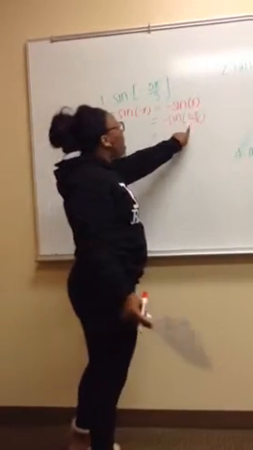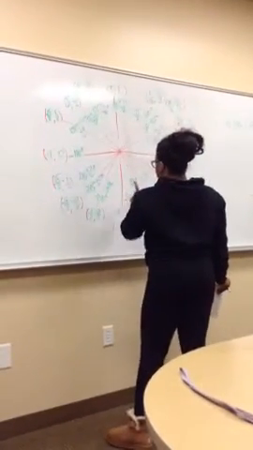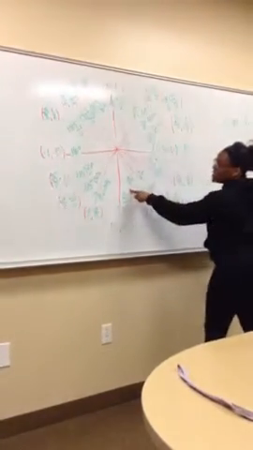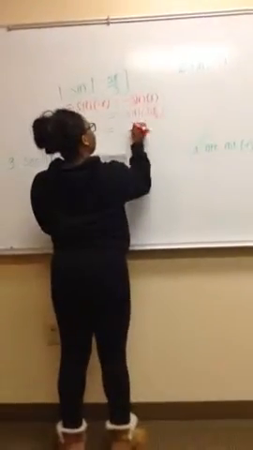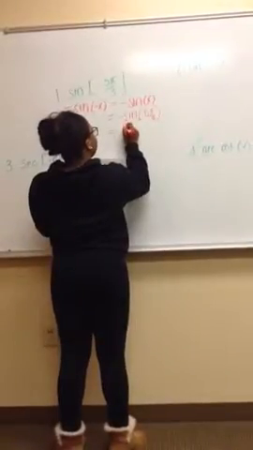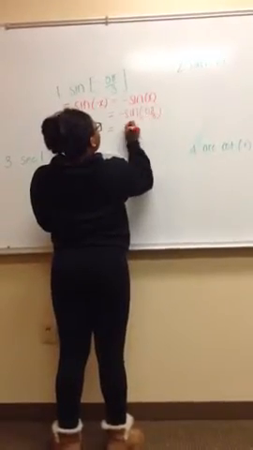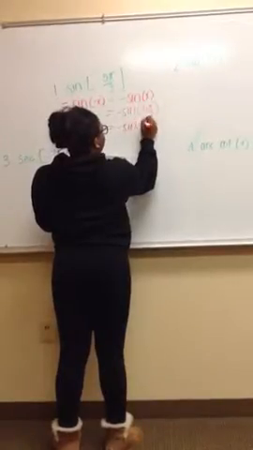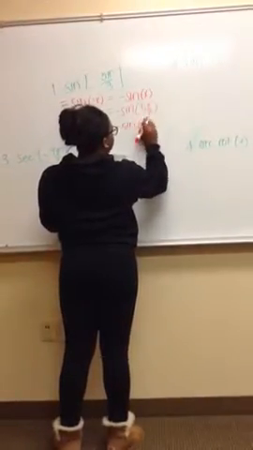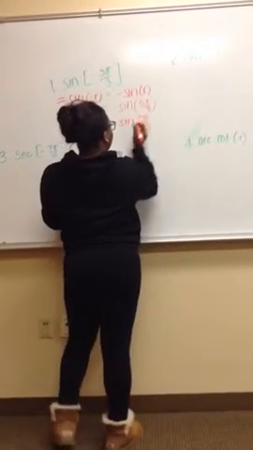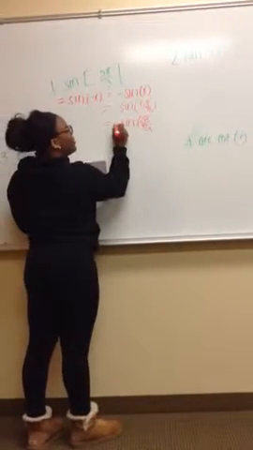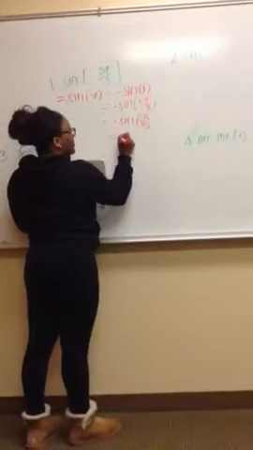Now when you come to 5 pi over 3, and you look at sine, negative 3 pi over 2 is your answer. Okay? And when you factor the two negatives in, you get a positive.